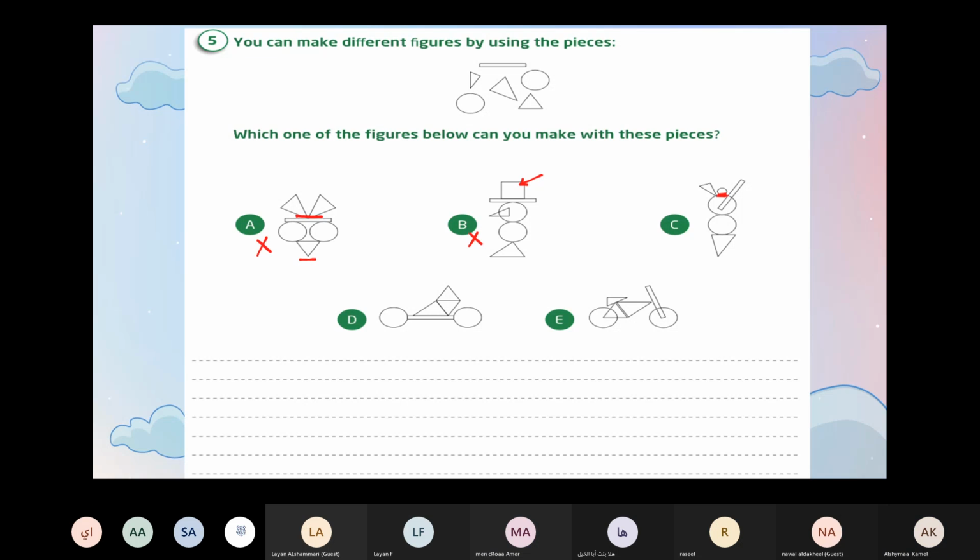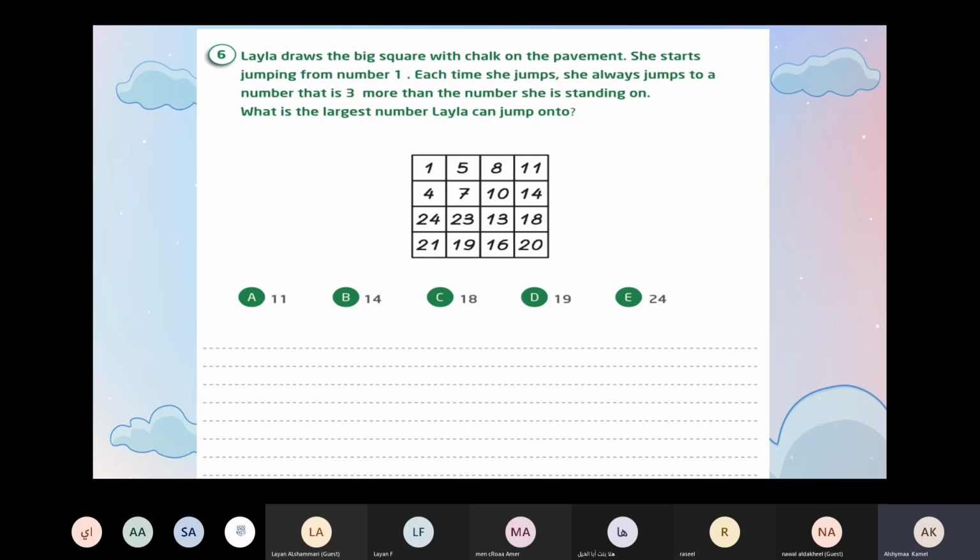Okay, D? Because it's not the same shapes. The triangles are not the same size. So we would choose which one? Choice E. Thank you, Roa.